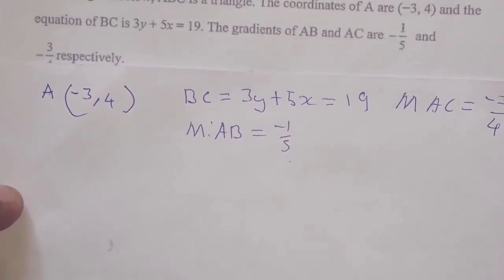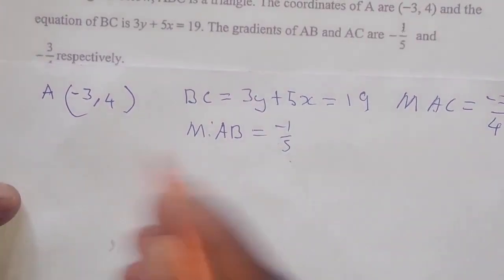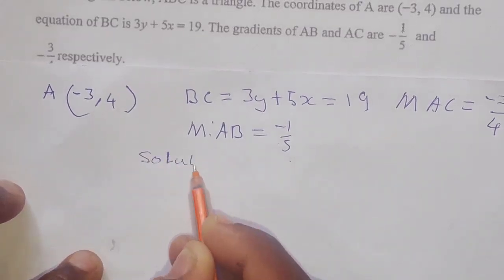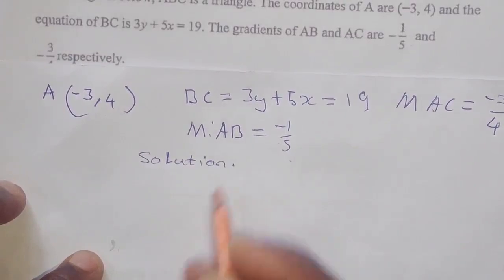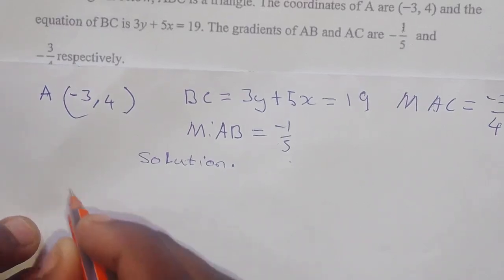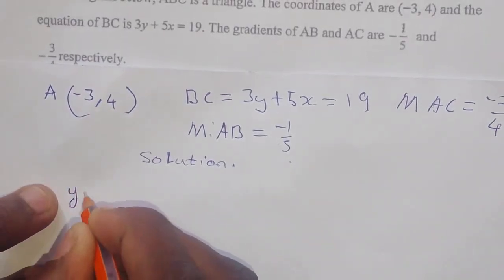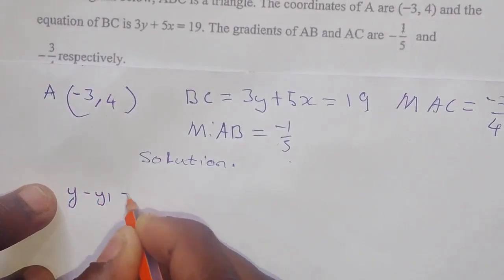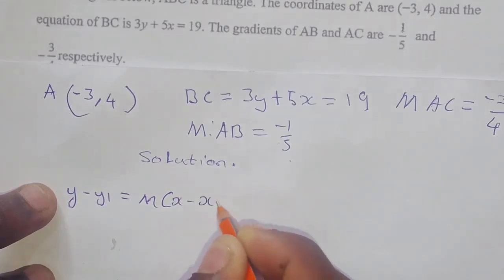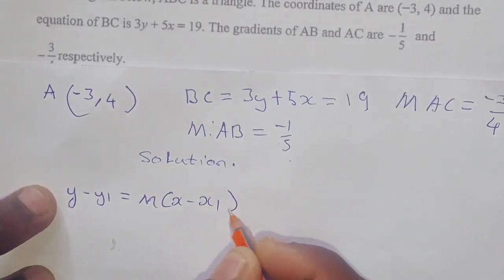Solutions. We know that the equation is given by the formula y minus y1 equals m times x minus x1.